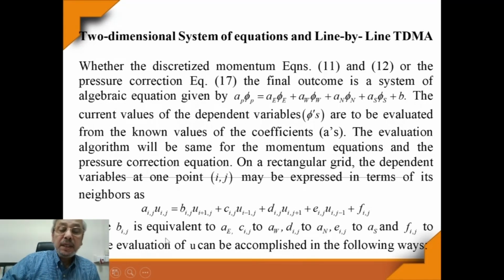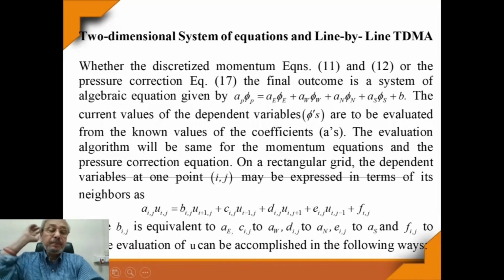Here bij is equivalent to the coefficient of eastern neighbor ae, cij is the coefficient of western neighbor, dij is the coefficient of northern neighbor, eij is the coefficient of southern neighbor, and fij is the free term b.